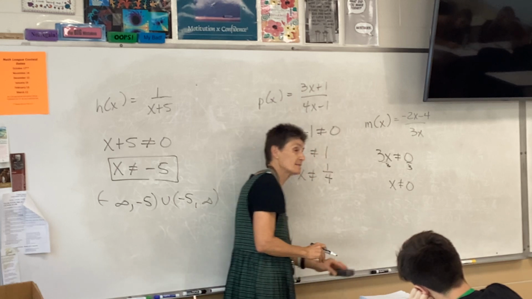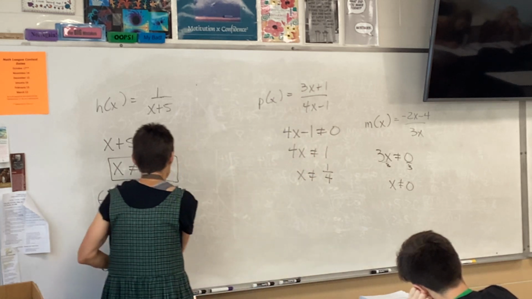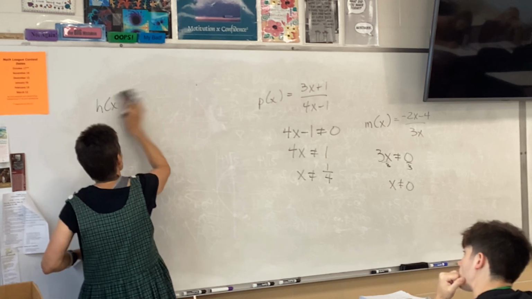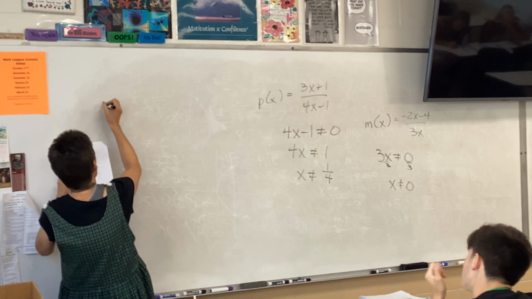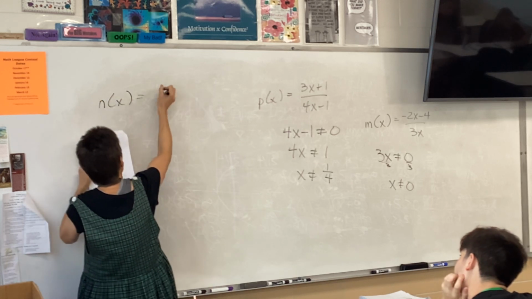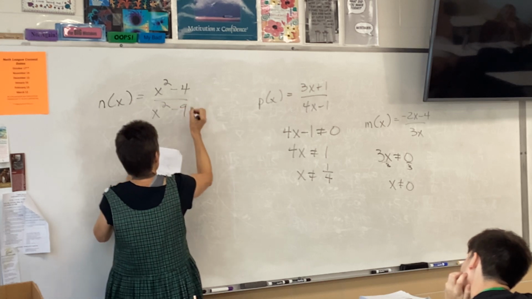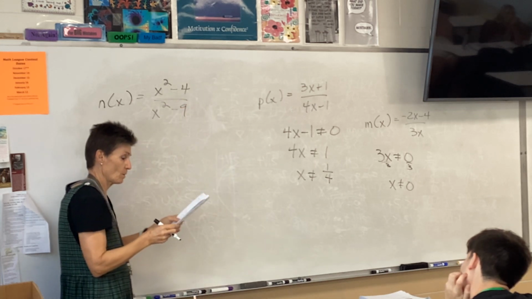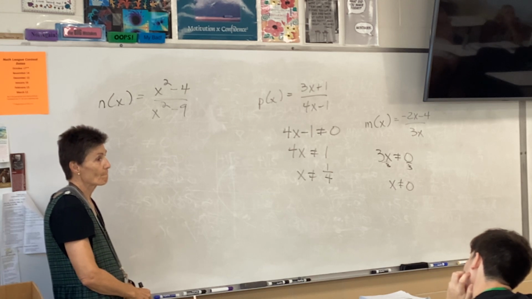Very good, Kate. That is exactly right. X cannot be 0, because 3 times 0 is 0. Perfect. All right. Somebody else have an idea about this one? What's your domain for this one? Tell it. Stretching, but I can try it.